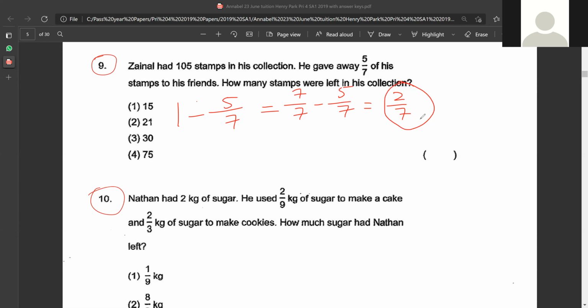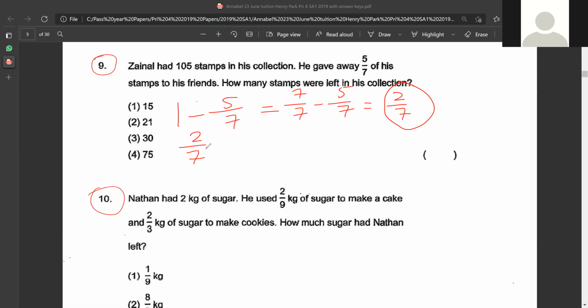Or what do you mean by times? Which one times which one? Or which one divide by which one? What must you do with this fraction 2/7 to find the number of stamps left in his collection?